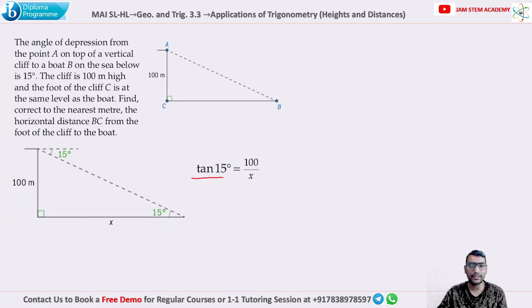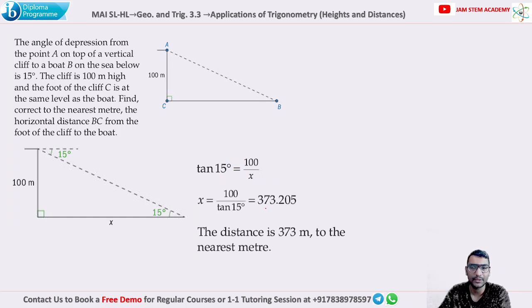So tangent of 15 degrees will be equal to opposite 100 over adjacent x. Now we can calculate the value of x. Just cross multiply, take this to this side, x to the other side, and simplify for x. We will get x as 373.205, and write your answer correct to the nearest meter. It comes out as 373 meters.